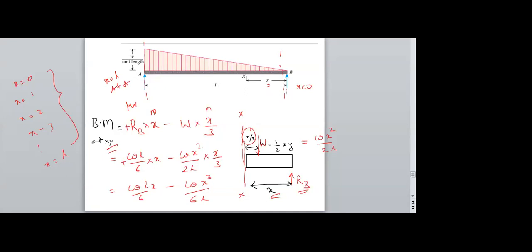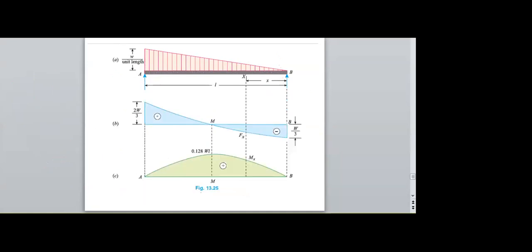Using these values, I need to draw the shear force diagram and the bending moment diagram.